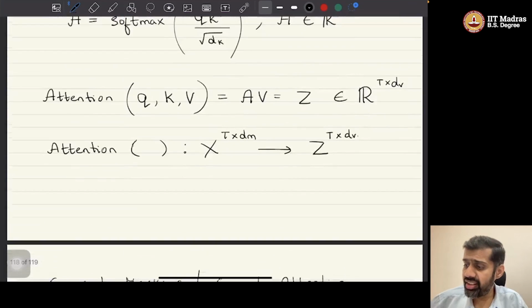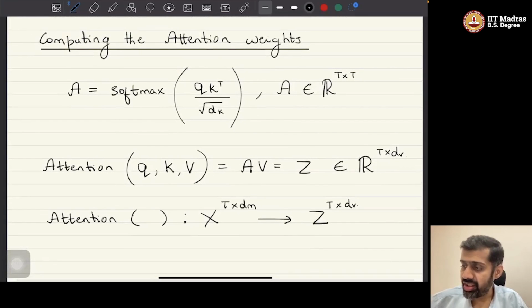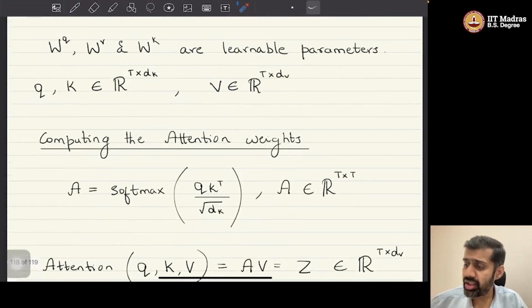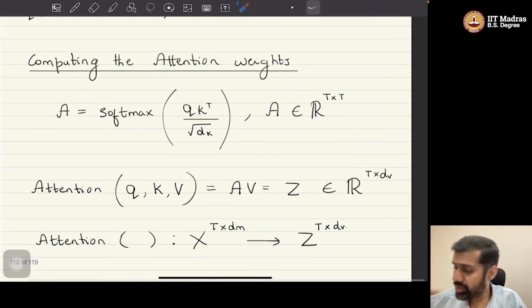But the way the attention mechanism has been defined here, the attention weights are computed by assuming that each token depends on every other token in the sequence. So we are not considering the fact that in an autoregressive model, every token depends only on its past, but not on the future.